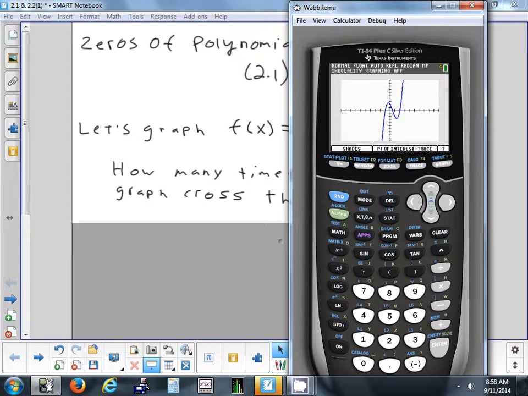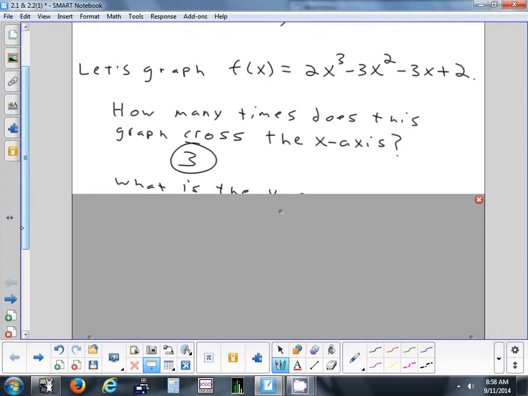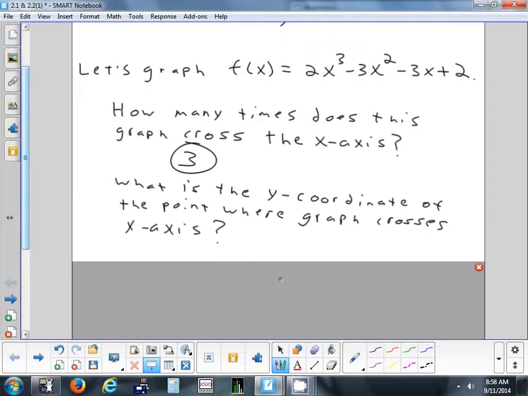So this is a very typical cubic function. It's turning 2 times, and it's allowed to cross the axis 3 times. So it comes up, crosses it, comes back down, back up, and crosses the axis again. Crosses 3 times.